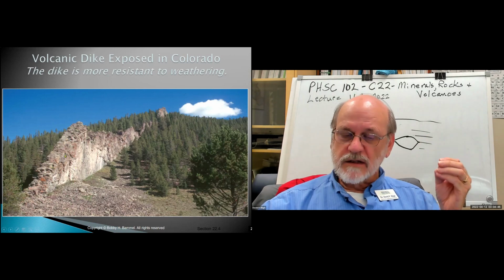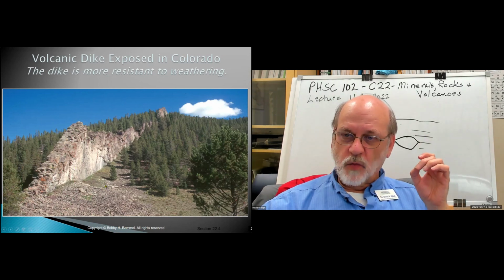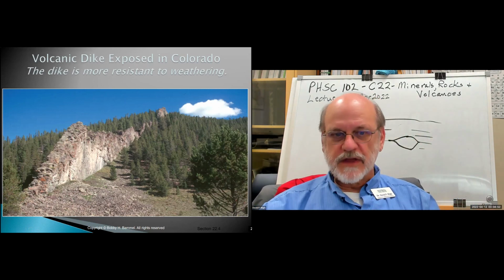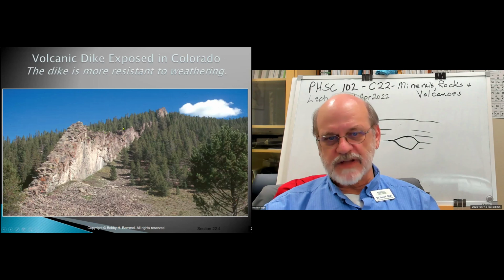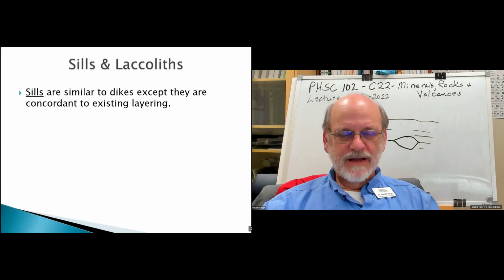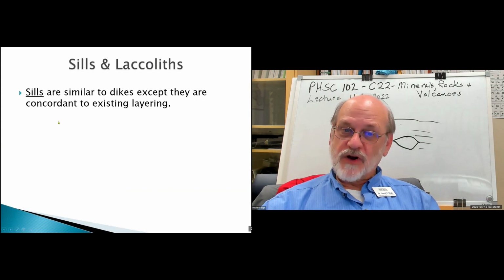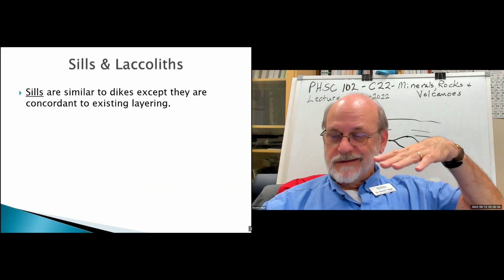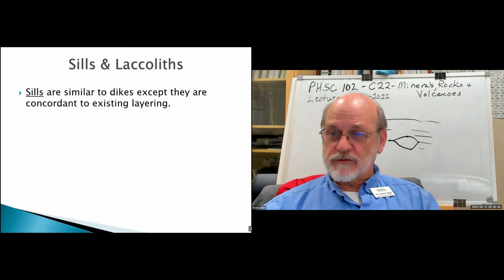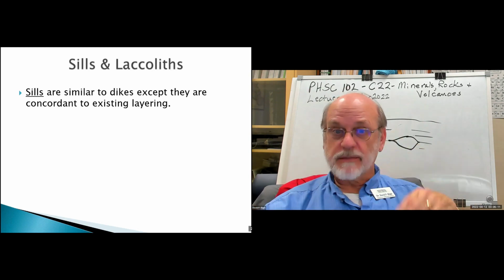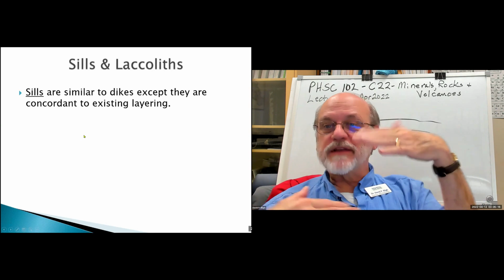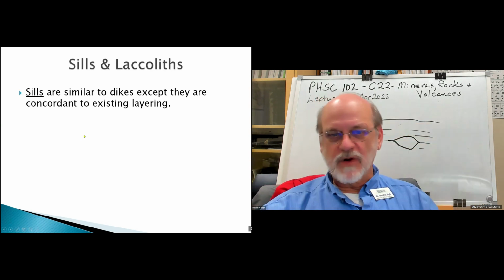It's a harder rock, and the weathering just removed the overburden in the surrounding rock and left this dike exposed. Okay, sills are similar to dikes, except they're with the layering. They're on their sides. You can get fracturing between layers of sedimentary rock, but that makes them concordant with the layering of the rock.